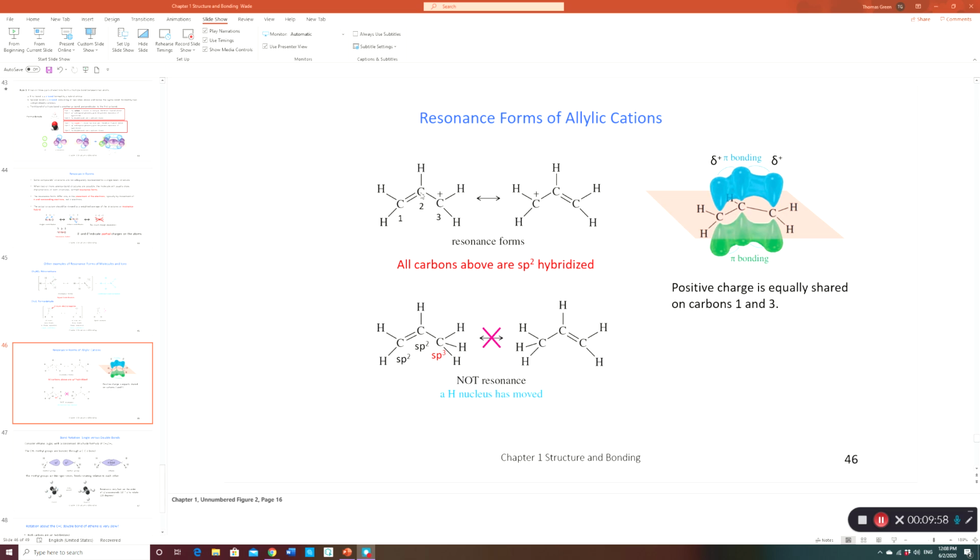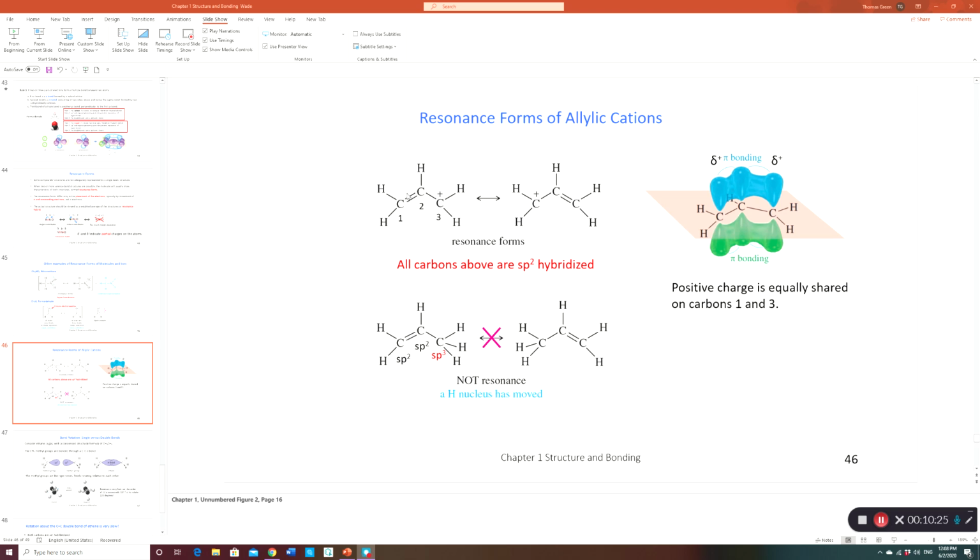But this cation, the structure on the left, is a little bit misleading by itself, because it shows that the positive charge is sitting on one of the carbons, in this case carbon 3, but in fact it turns out that through movement of pi electrons in this system, the positive charge is actually distributed between one carbon and the third carbon. And so you see that we can draw another resonance form.